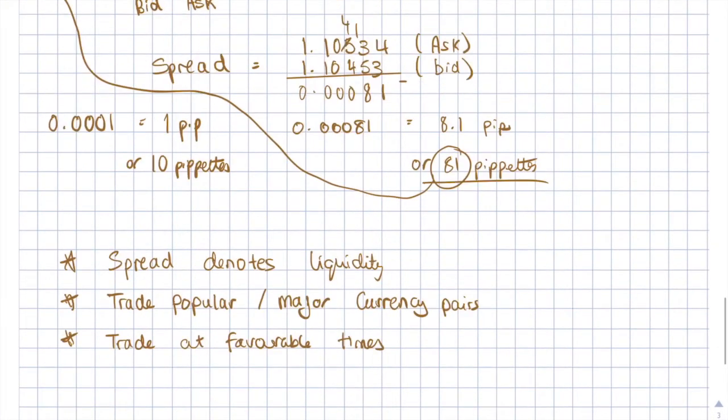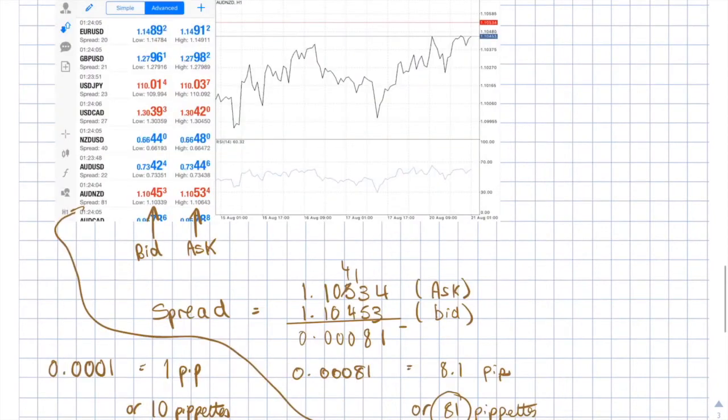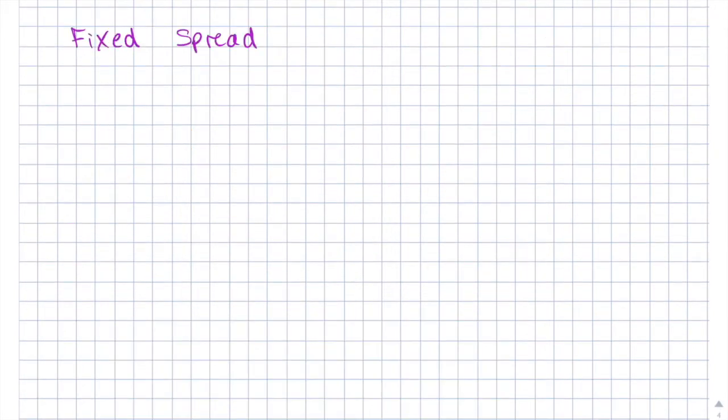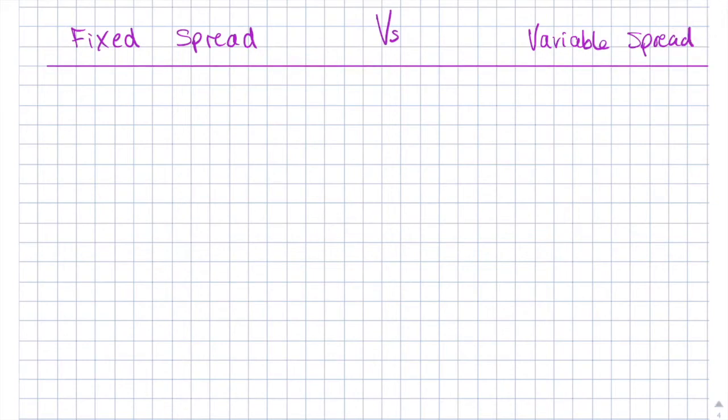And now I'll be moving on to fixed spread versus variable spread, because this is quite important. So fixed spread versus variable spread, and what's the difference between them, and which one's more ideal for a trader? Well, it depends.